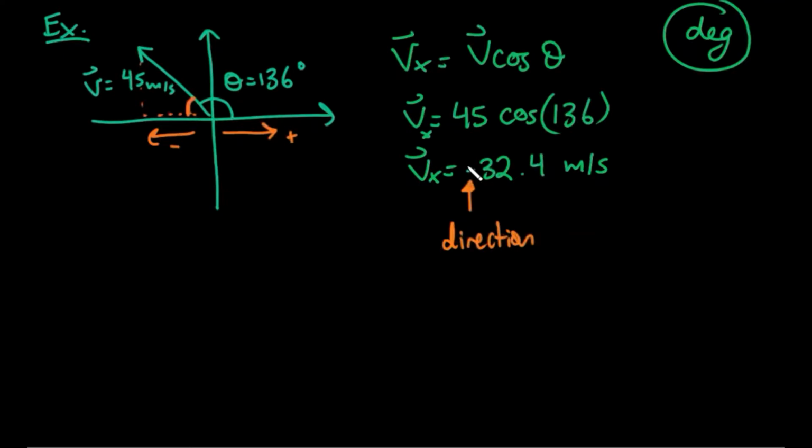So this is actually our direction. And because this here is a vector, we need to keep this negative here so that it stays as a vector. If you ended up using this angle in here, let's call it alpha, you would get 32.4, but you wouldn't get this negative here. You wouldn't have a vector quantity anymore because you wouldn't be having the direction.